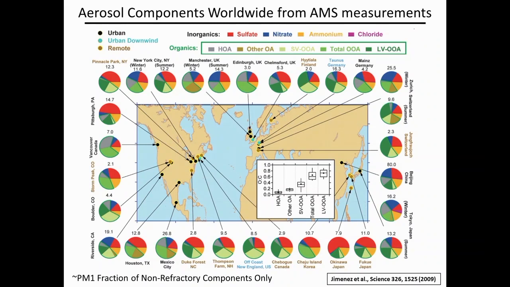So these new toys have allowed us to map out globally the sorts of chemical composition that you can have in the aerosol. So these are in PM1. So this is in particulate material less than 1 micron.